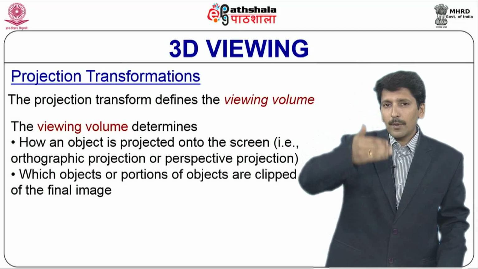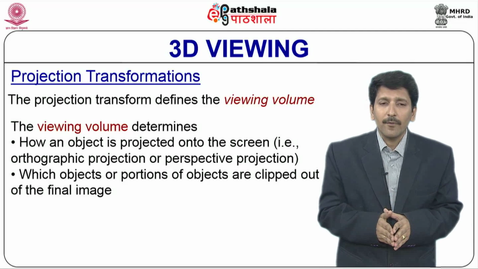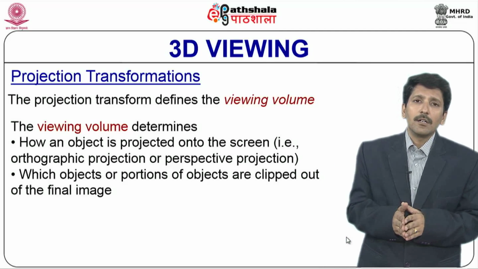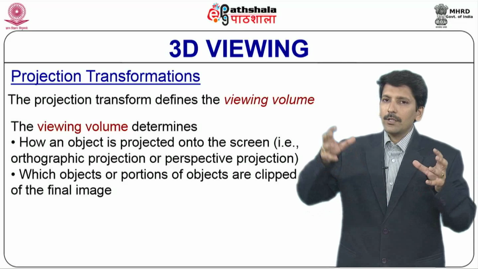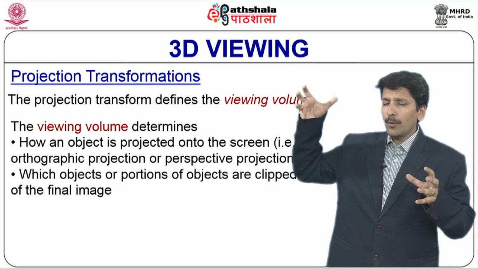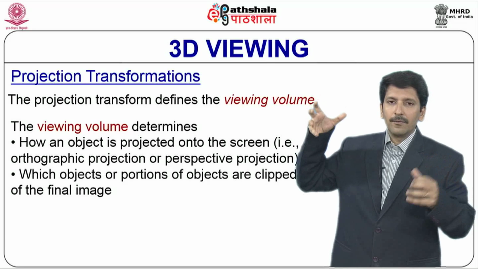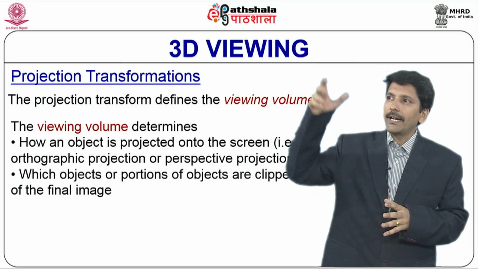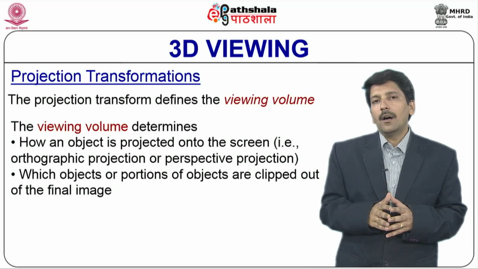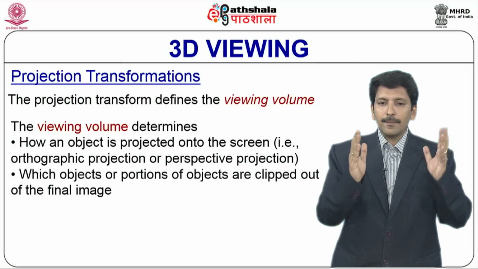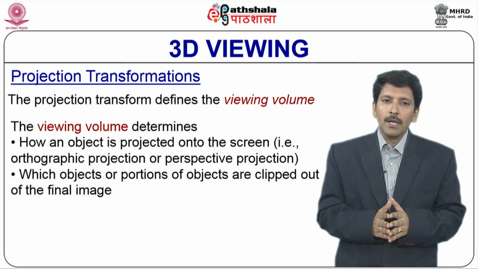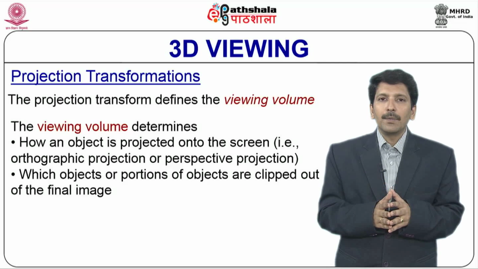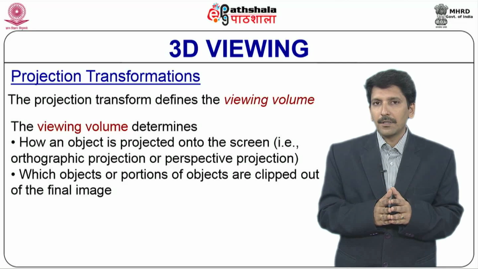So, in this sequence we are at the step where we need to perform projection transformations. That means once you have decided from where to observe the world, the next step is to identify the view volume. You have identified position, you have identified orientation, and the next step is to identify the view volume. Identifying the view volume is done in projection transformations.